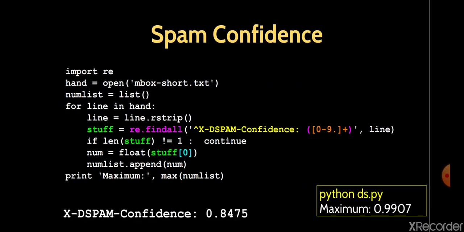You can see that stuff is equal to re.findall. The first parameter, we are writing capital X hyphen DSPAM hyphen Confidence colon, and then we are putting parentheses, and within the parentheses we are writing 0 to 9 and dot.